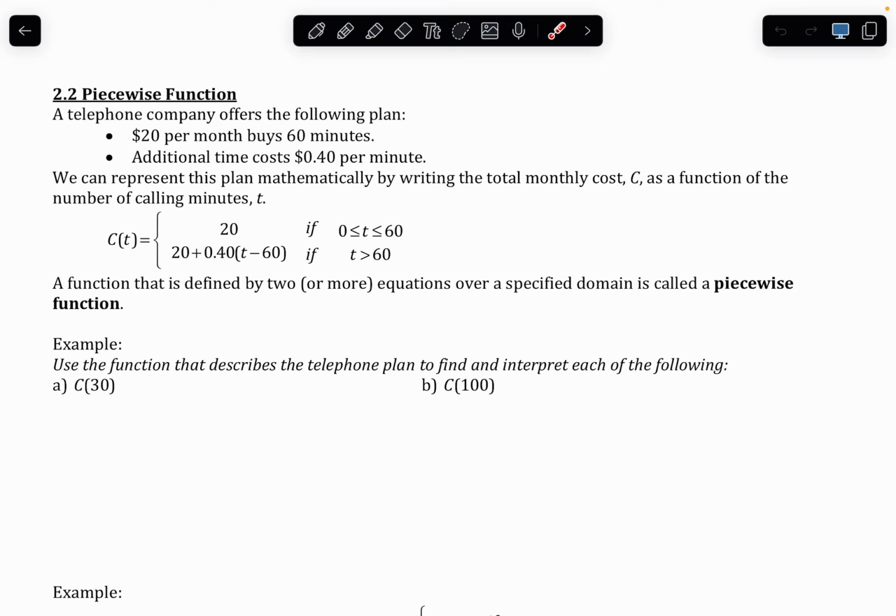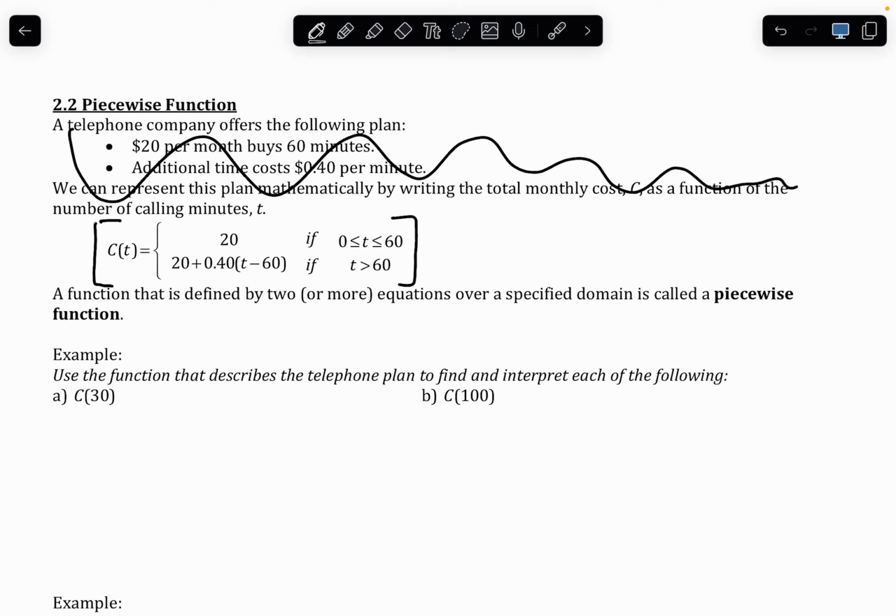The next 5 questions on your homework are going to give you a function. So we're going to ignore all the words here, and we're just going to look at the function c of t. We're going to evaluate the piecewise function for that. When you're evaluating a piecewise function, the important thing to do is always start from the right and look at the domain.